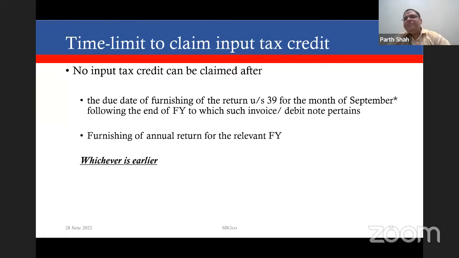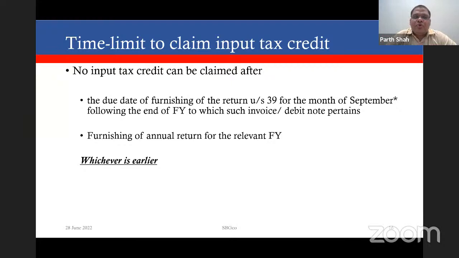So what does it mean? It means that, let's say you have an invoice dated 1st April 2022. If you want to claim that credit, it has to be claimed on or before 20th October 2023. So any GST return filed before that date, you can claim the credit. After that date, you cannot claim the input tax credit.